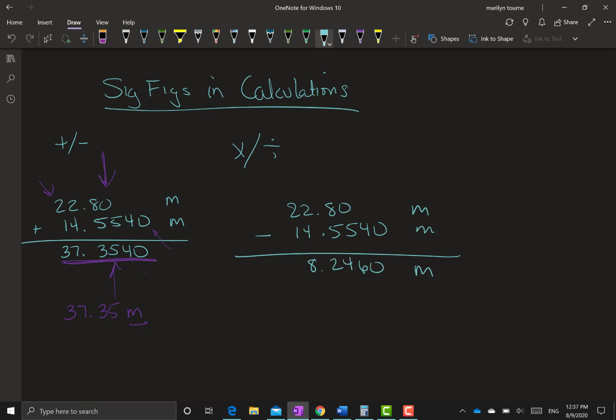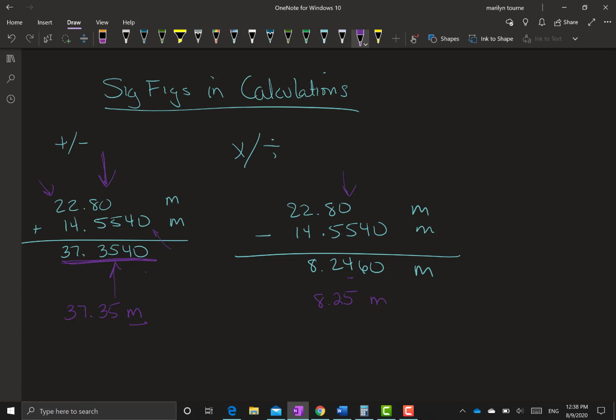Again, if you report that in your final answer, it would be wrong. So we have to follow the same rule. The least number of decimal places is the same number, 22.80, which means that I have to report my answer up to that 4. But remember, rounding always matters in the final answer. So your final answer would be reported as 8.25 meters.